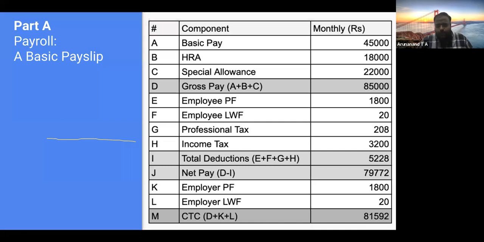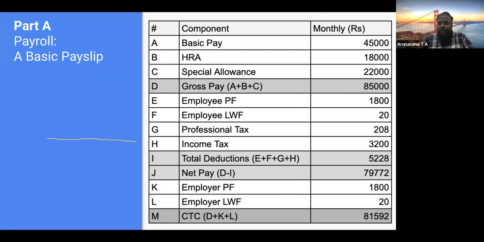Net pay is all about what the employee gets. Apart from that and the employee's contribution, there is something that the employer also contributes, which is known as the employer contributions. So K and L are the employer contributions.